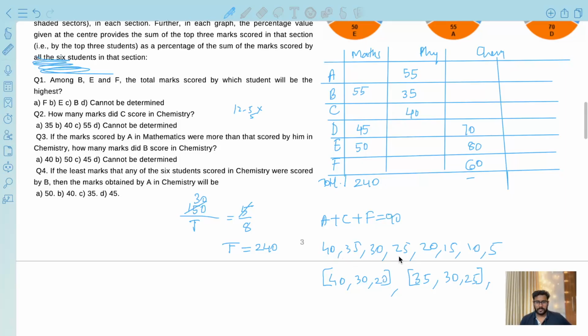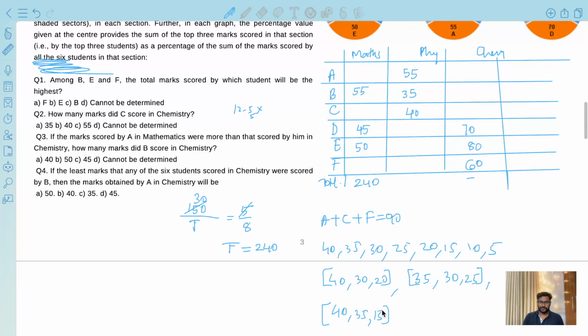40, 65. 40, 65, 70 or 80. No. 40 and 35, 75, 80 and 90. 40, 35.